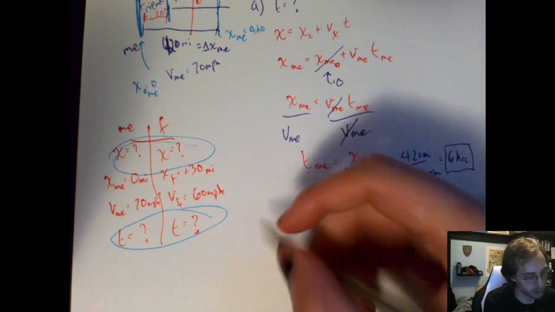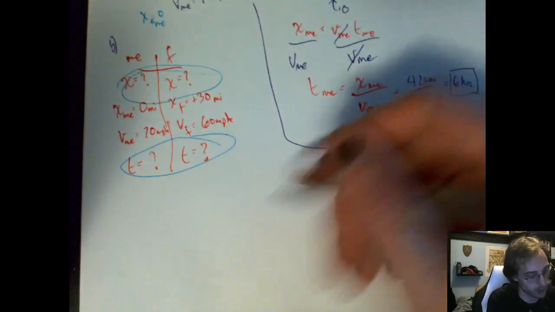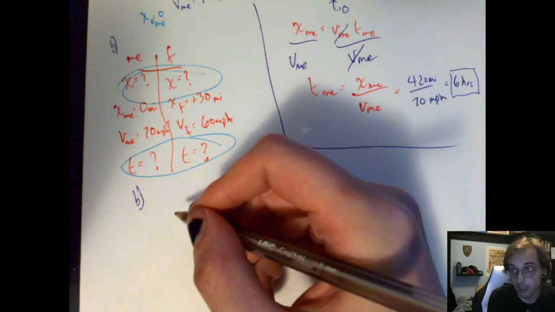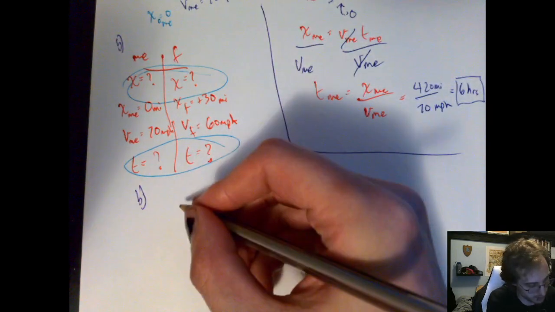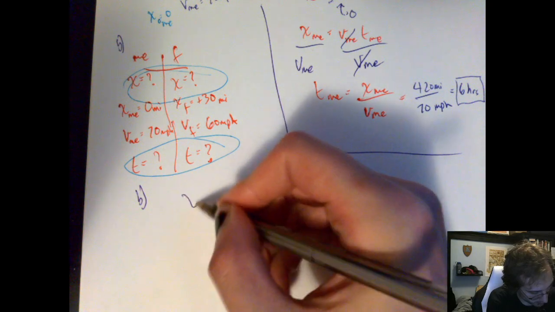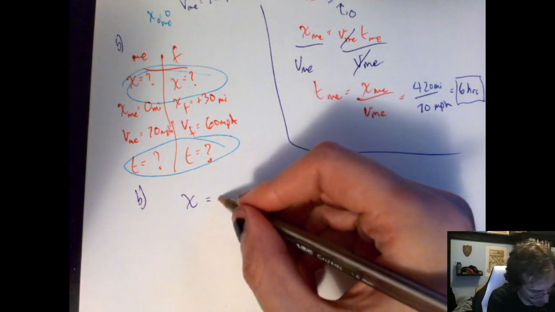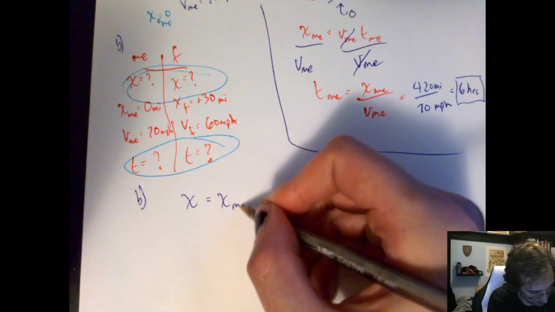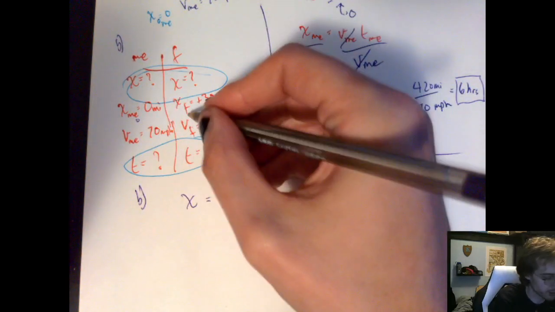So doing that, what it'll look like is that we've got our position for me, which will equal the initial position for me. Actually, that should have an initial.